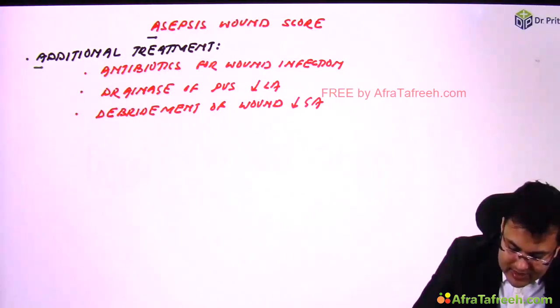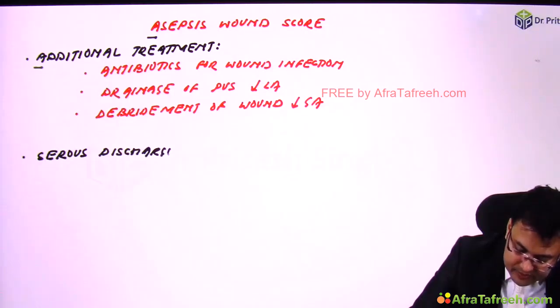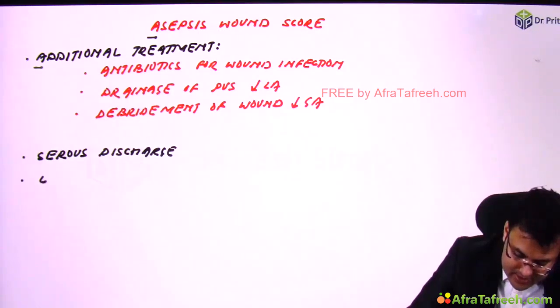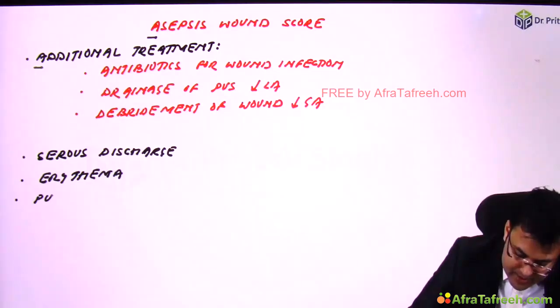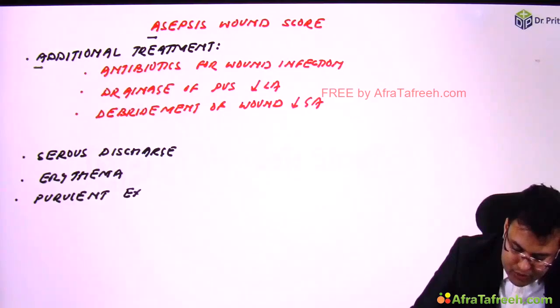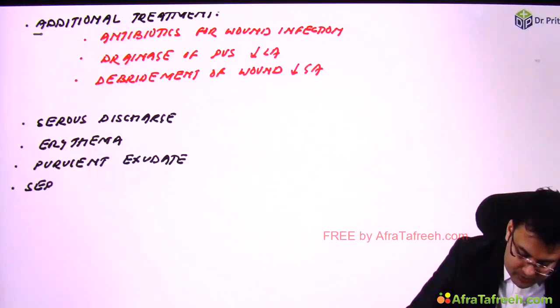After that, S means serous discharge. E means erythema. P means purulent exudate. S, separation of deep tissues.